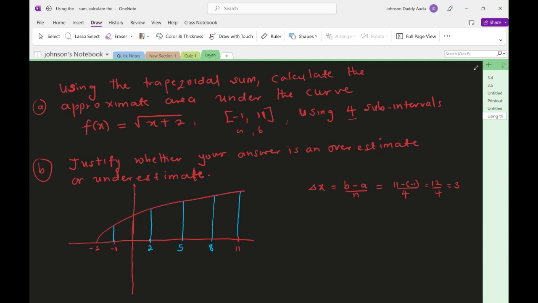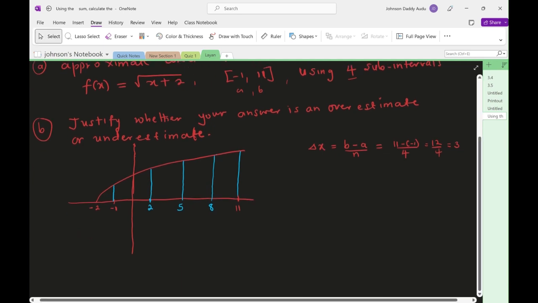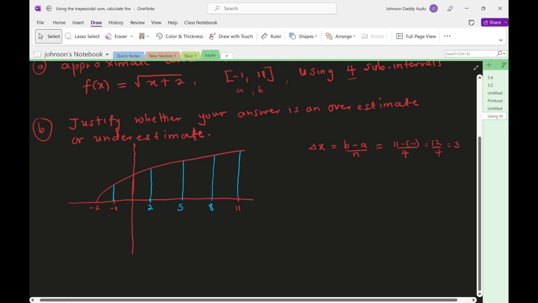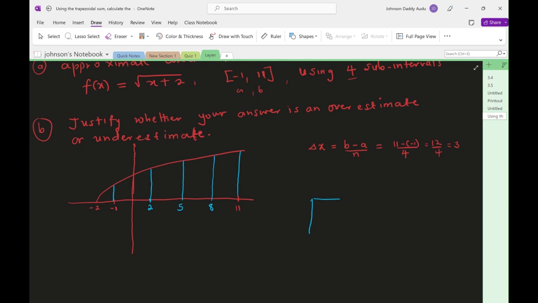But this question wants us to use the trapezoidal sum. So let's talk a little bit about the trapezoid. When we talk of a trapezoid, it's just a combination of, let's say, something like this. We can have this.